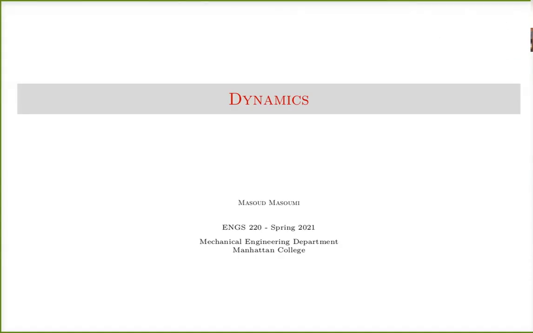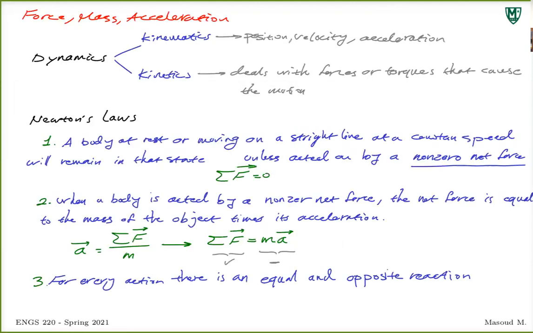So we're talking about dynamics, right? We got to a point, basically, we said, well, dynamics includes kinematics and kinetics. We've actually been talking about kinematics without even referring to it by its name. Kinematics includes position, velocity, and acceleration.